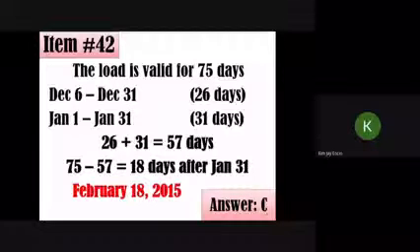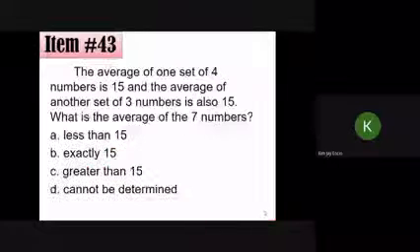Next, 43. The average of one set of 4 numbers is 15, and the average of another set of 3 numbers is also 15. What is the average of the 7 numbers?